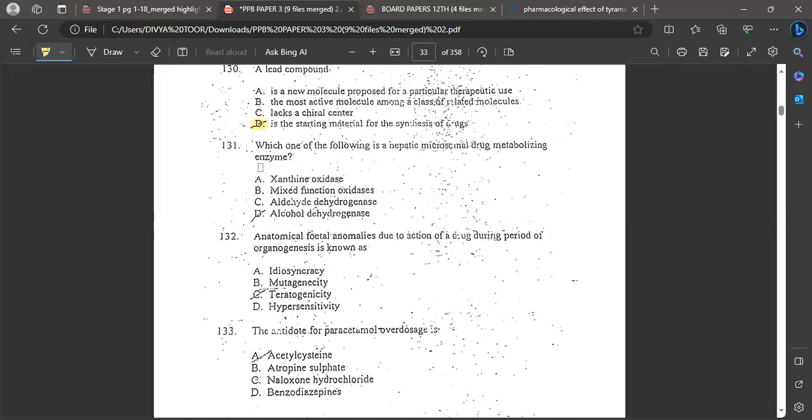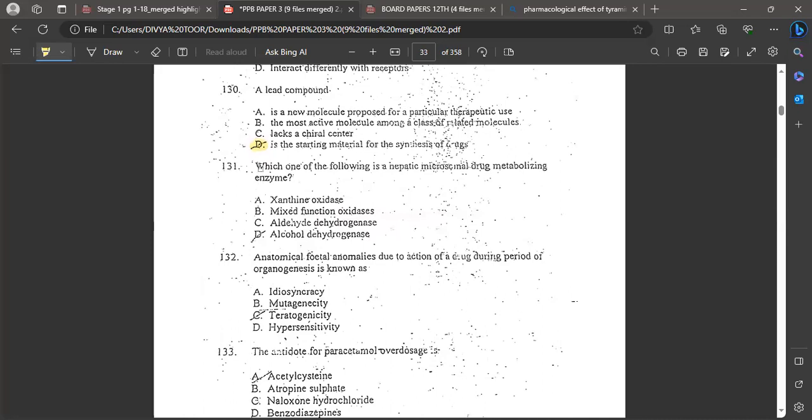Because I'm also doubting whether it's the starting material, because it's actually used for the synthesis of drugs, but is it really the starting material? Yeah, now that's the question. What's a hit? Because we were saying hit leads to lead. Hit was for lead.